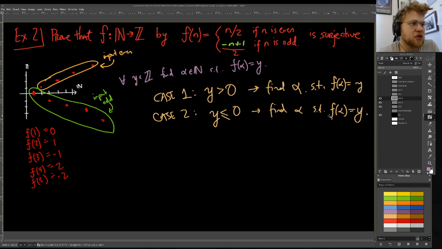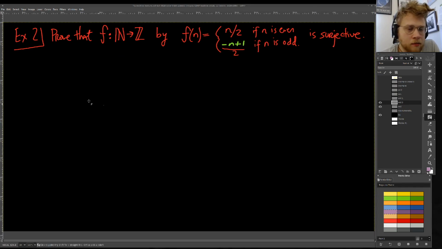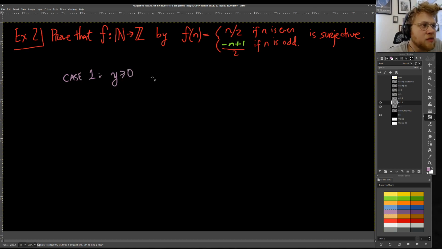So let's actually look at those two cases and figure out if we can pick alpha. So if we have case 1, y is greater than 0. Let's try to find alpha.